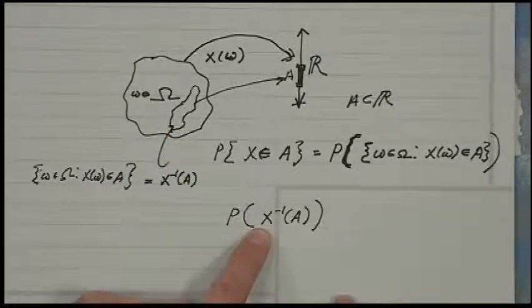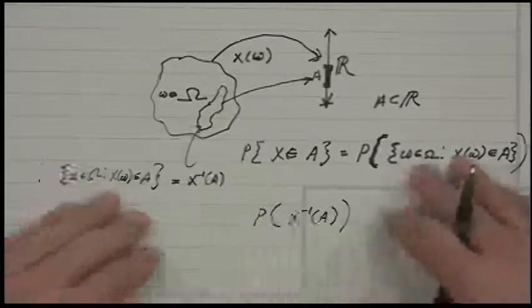There are certain places you can get yourself into trouble here, and a lot of probability from a theoretical perspective is dedicated to eliminating all the really bad things that can happen. One of the really bad things is if you take the union of an uncountably large number of elements in a set, then you can make all kinds of bad things happen. So here's an example.